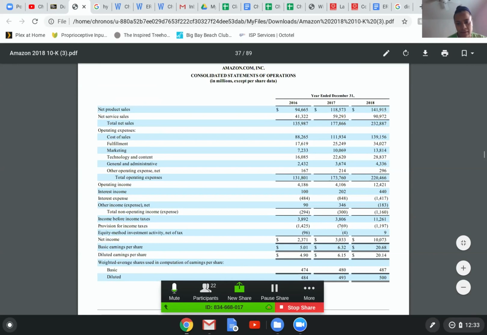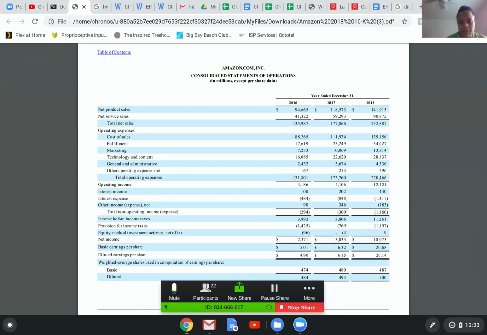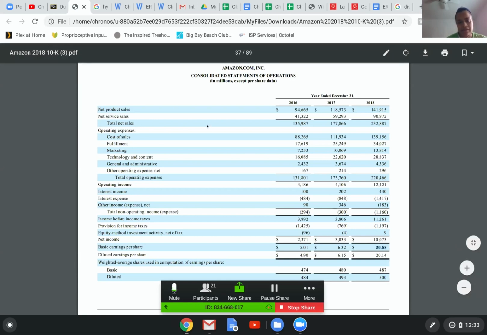So there's the net income that we were talking about. In 2018, Amazon made $10 billion in net income, which was up from $3 billion in 2017. 2019 will be higher. Those financials are probably out by now. And just so you can see here, the earnings per share was $20.68. Did they declare a dividend of $20 to anybody?